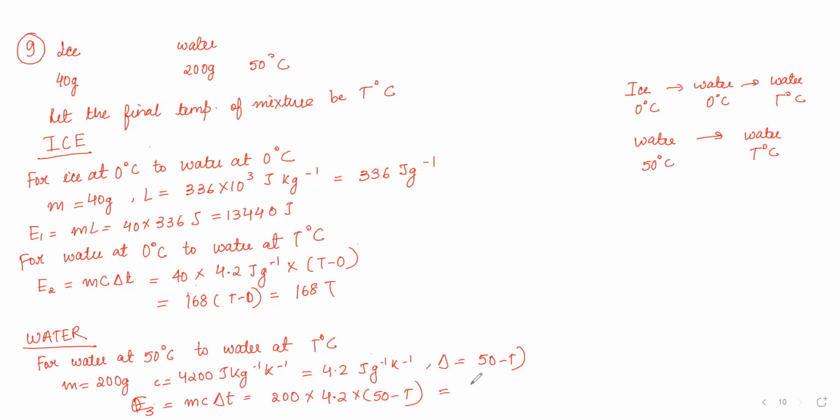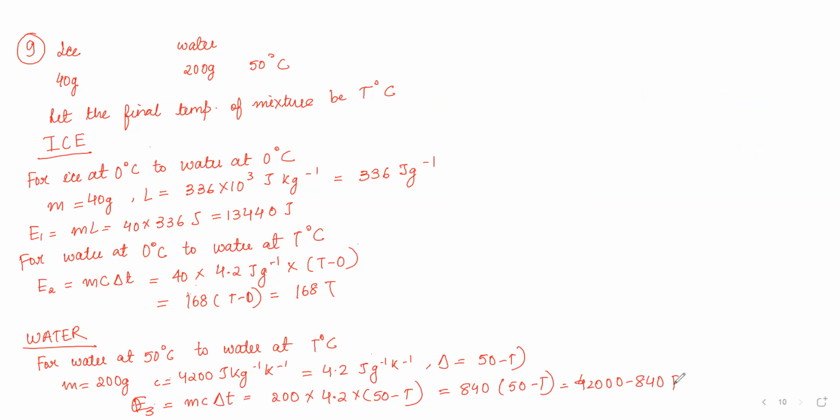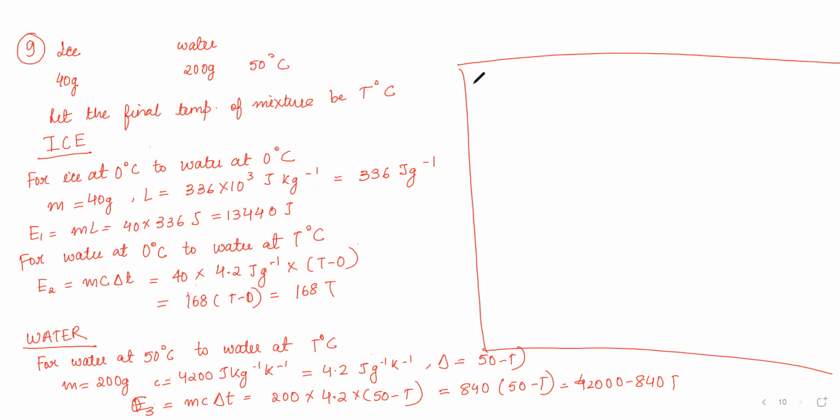Okay, so 4.2 into 200 is 840, into 50 minus T. Okay, so this is coming out to be 42000 minus 840 T. Okay, so this is what you are getting, and now we will just write down here: amount of energy released by ice is equal to amount of energy gained by water.